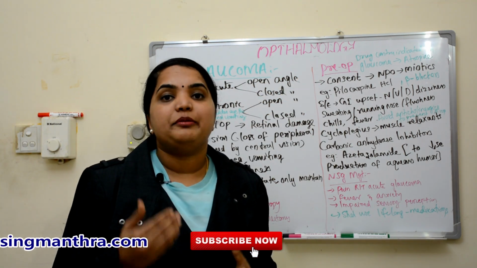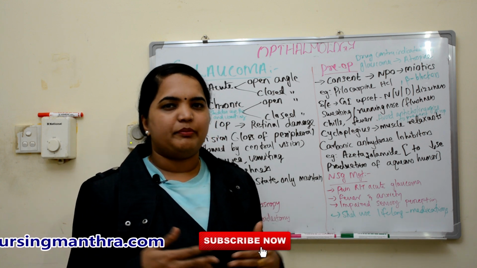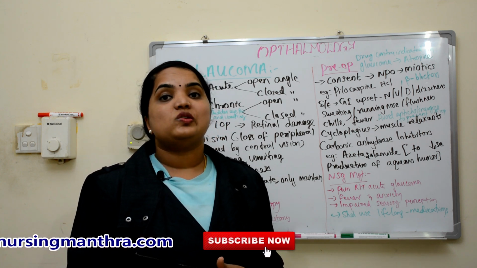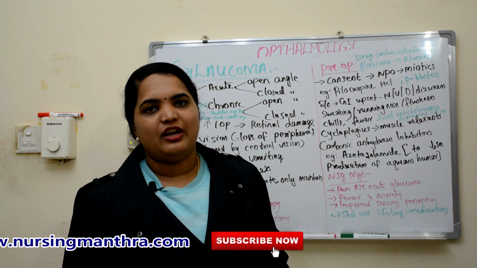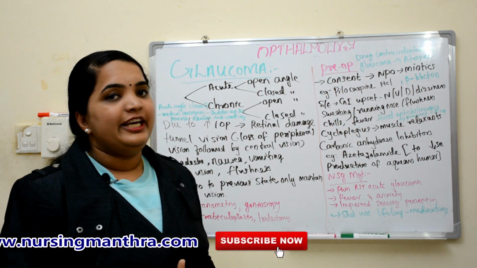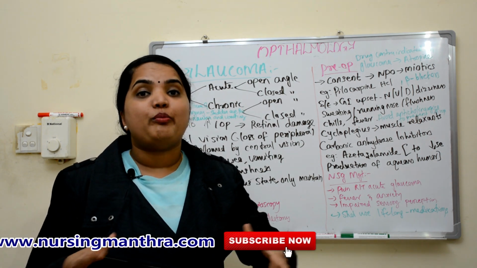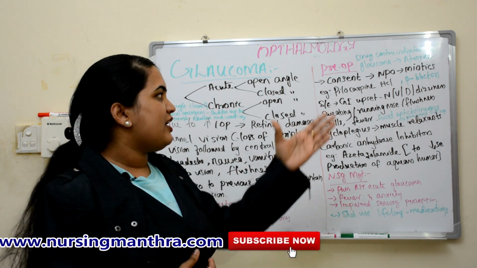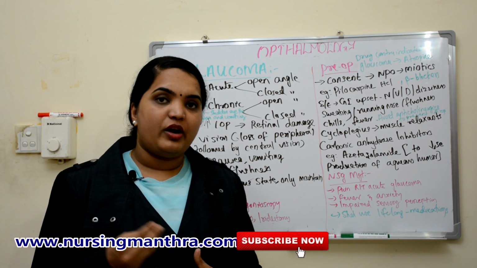One of the important questions for MOH, DHA and other Prometric exams is which drug is contraindicated in glaucoma? That is atropine. Atropine is contraindicated in glaucoma. Before the surgery, what pre-op measures do we have to take? The patient has to give consent, and we have to keep the patient NPO.